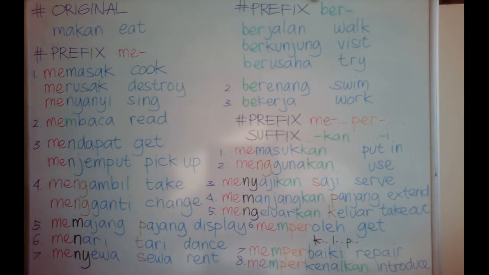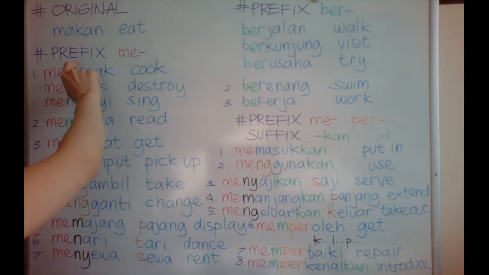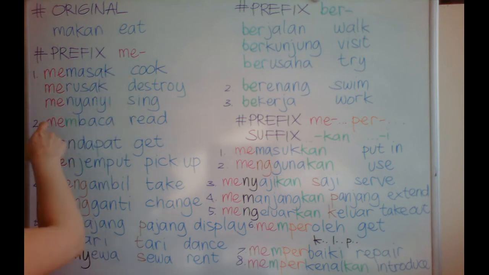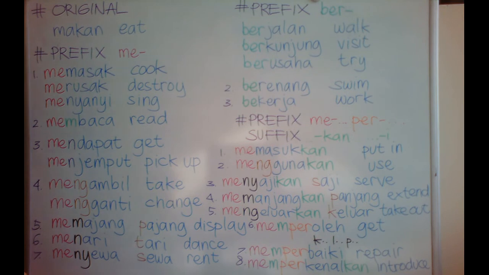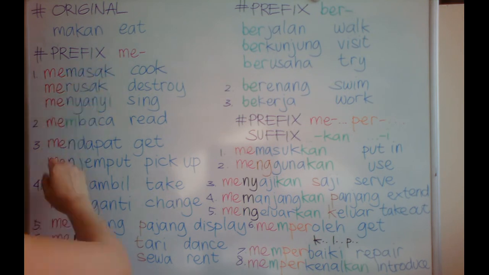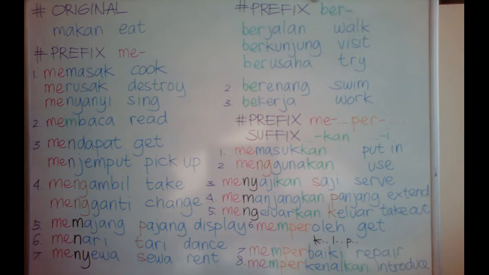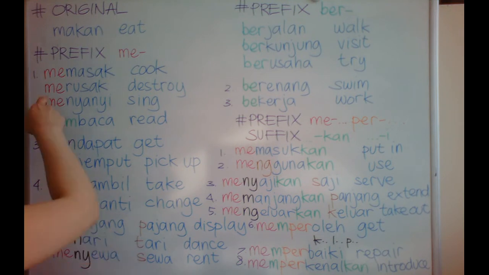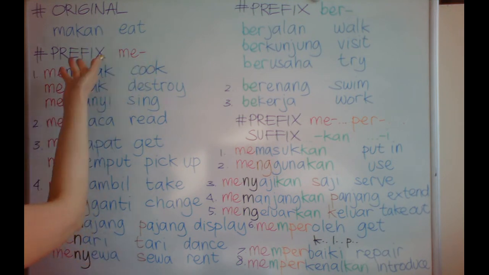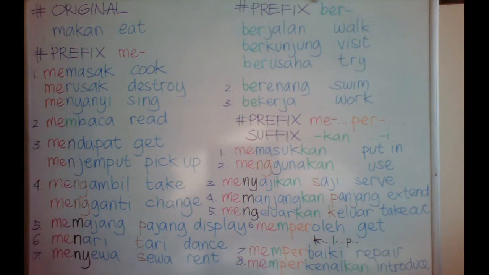And then sometimes you will find words where you have to put the prefix me. The blue is the base word or the original word, and we have to put the prefix me.